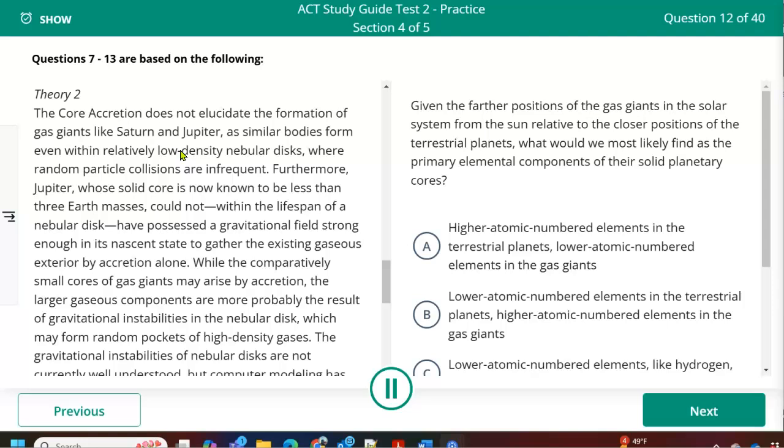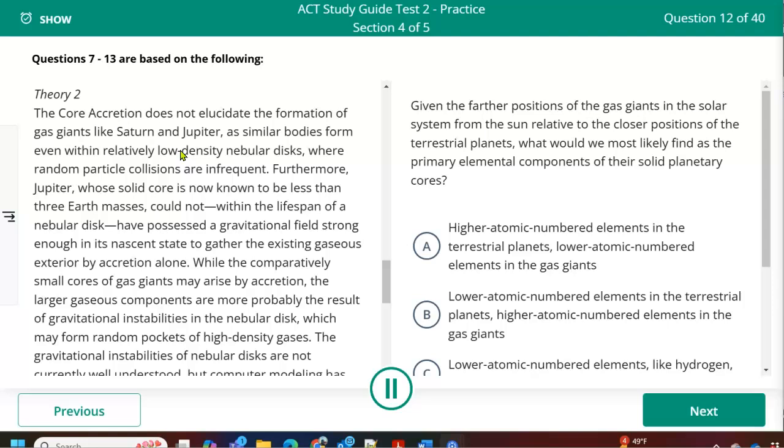But this one, okay. What is important here? The gas giants, Saturn and Jupiter, are farther away than what we're calling the terrestrial planets like Earth, Mars, Venus. Primary elemental components of the solid planetary cores.